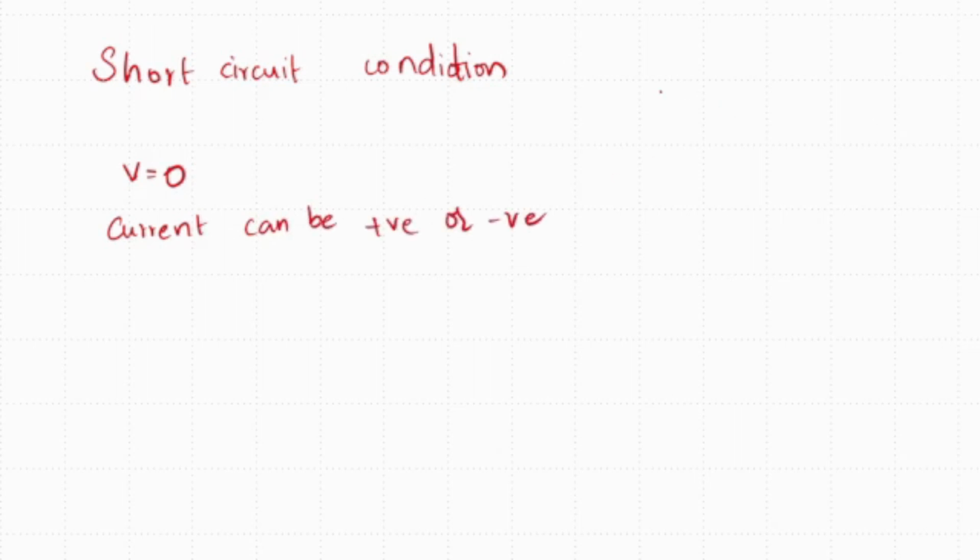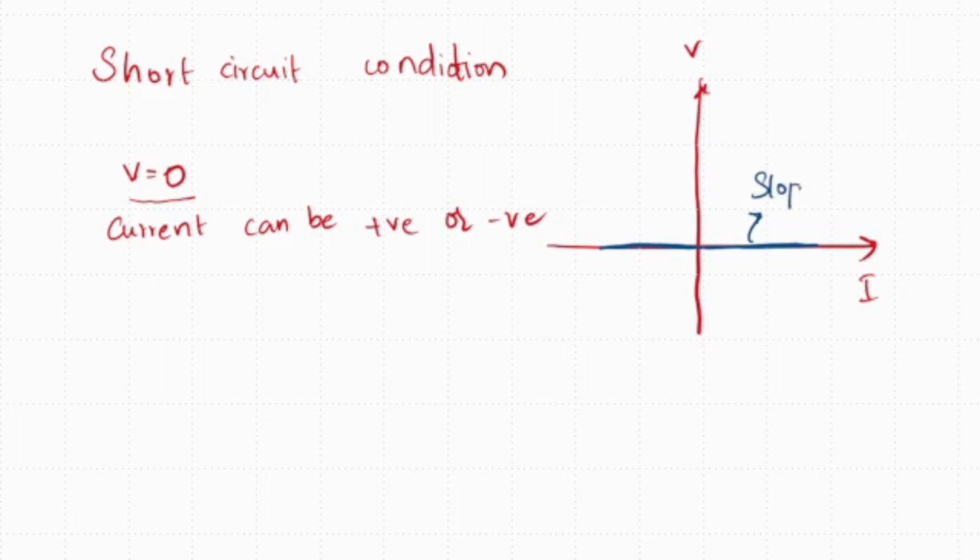Here, if I represent it on the graph where V is on the y-axis and I is on the x-axis, V is 0, current is positive or negative. So I can just draw a straight line on the x-axis, right? సో దీనికి స్లోప్ ఏమొస్తుంది, స్లోప్ అంటే R which is equal to what? 0. Therefore R is equal to 0. అంటే ఏంటి, మనకి అక్కడ ఎటువంటి ఎలిమెంట్ లేదు బట్ కరెంట్ పాస్ అవుతుంది, సో ఇట్ ఈస్ అ షార్ట్ సర్క్యూట్. Is that clear? Yes.